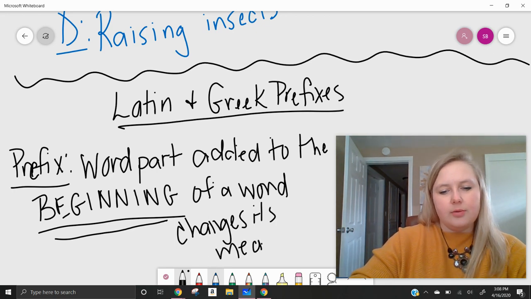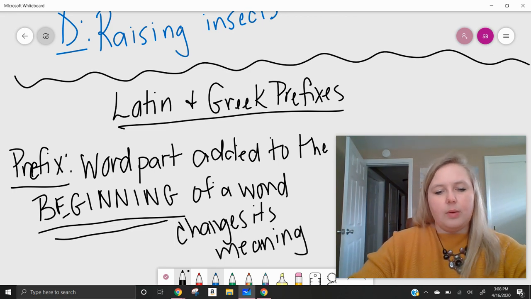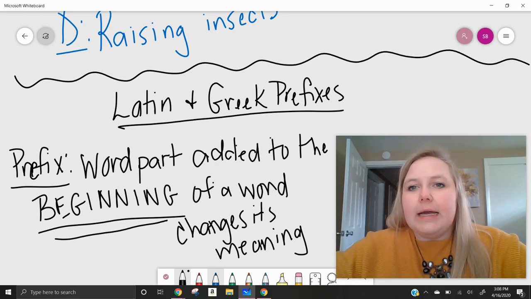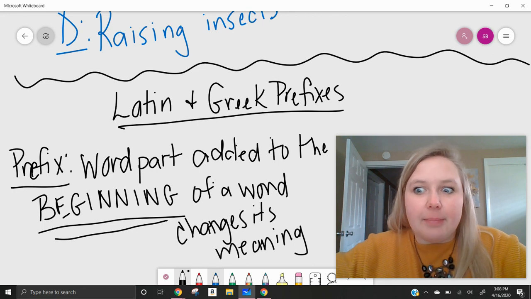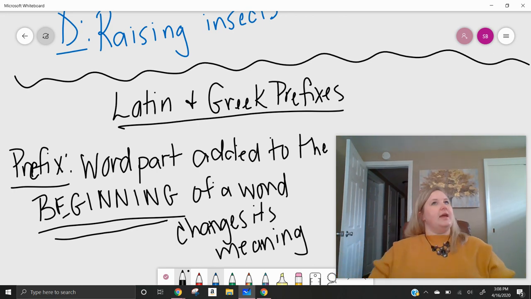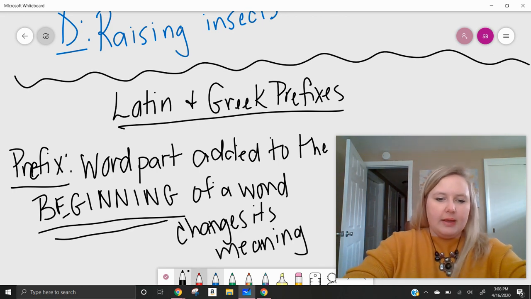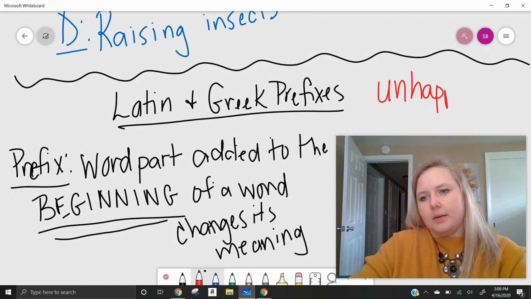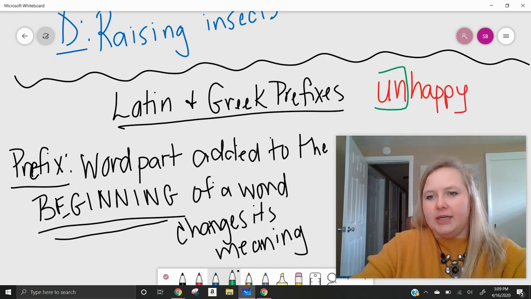For example, I know that we've done this one before, so I want to make sure, here's a good example. If I would say unhappy, if I am unhappy about something, here it is, unhappy. The prefix is un.